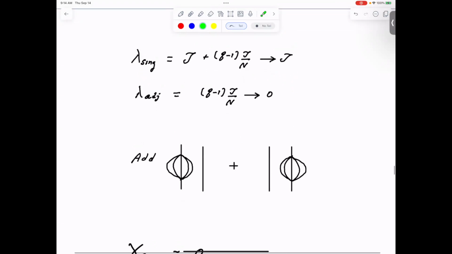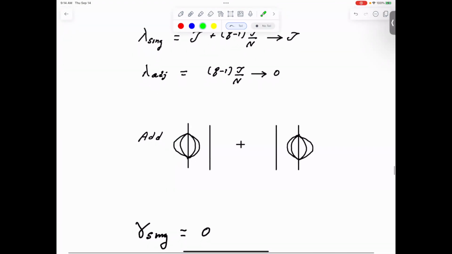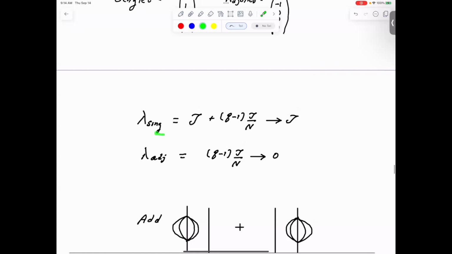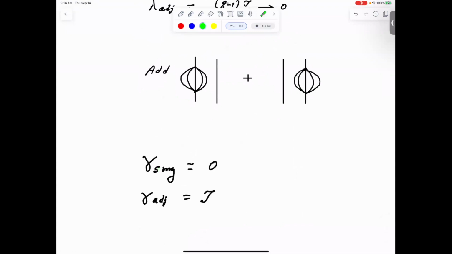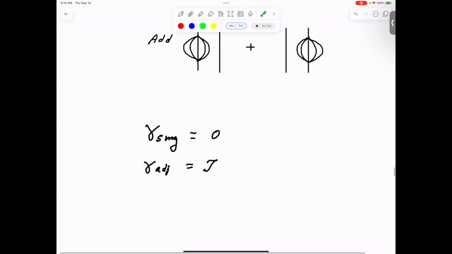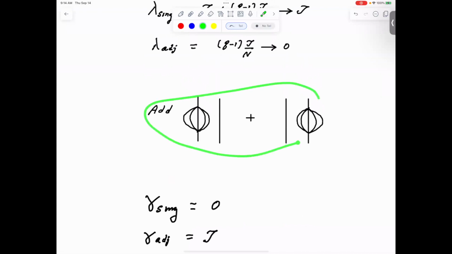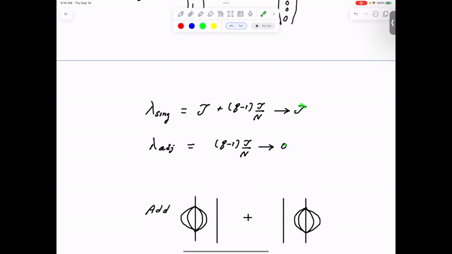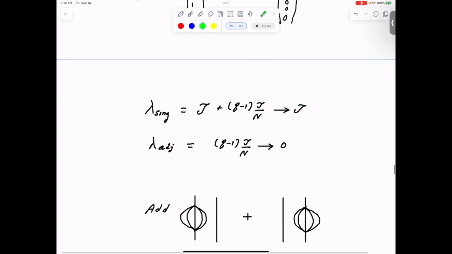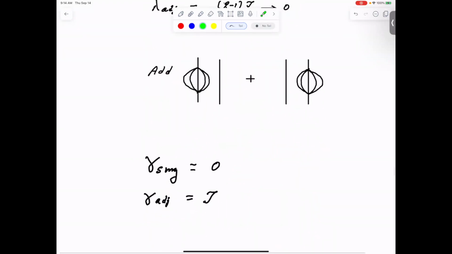In fact, if you add them up, the self-energies plus, let's call it, the interaction term, what you find is that the decay rate for the singlet is exactly 0, and the decay rate for the adjoint is J. In other words, these graphs shift the eigenvalues here by an amount which makes the singlet have 0 eigenvalue and the adjoint have eigenvalue J.